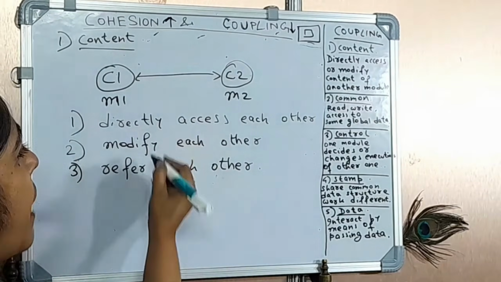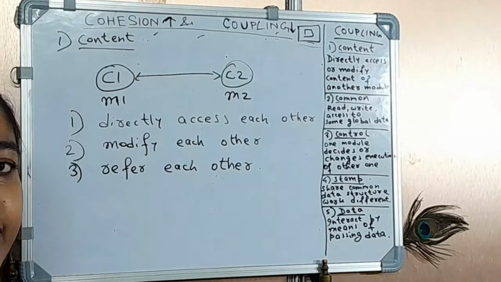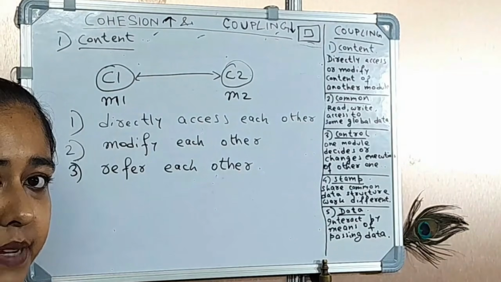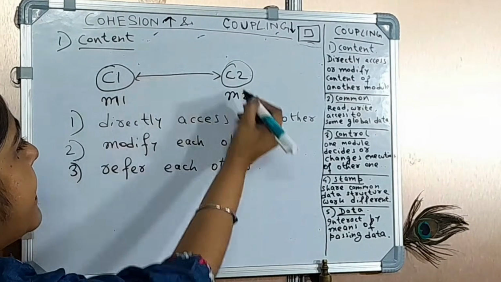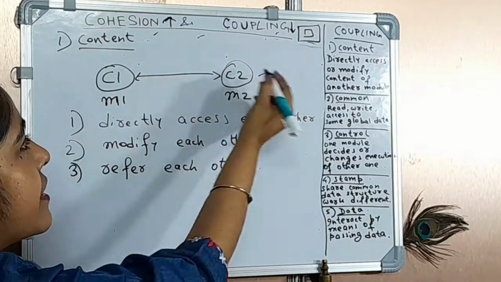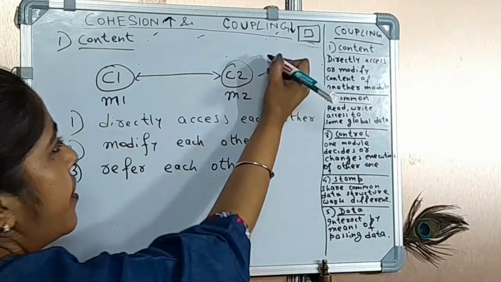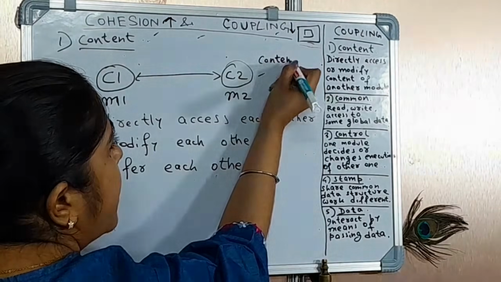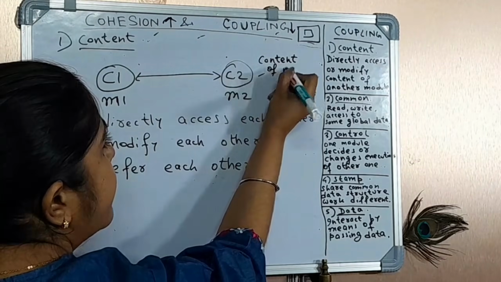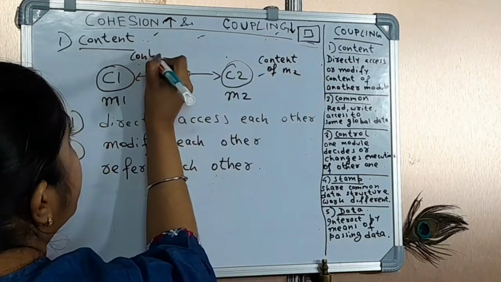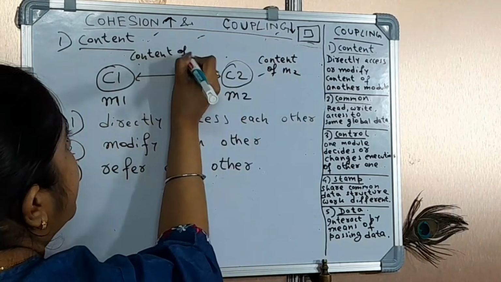So how are we checking the interdependability? They can directly access each other's content. M1 can access C2, that is the content of M2, and this is the content of M1.